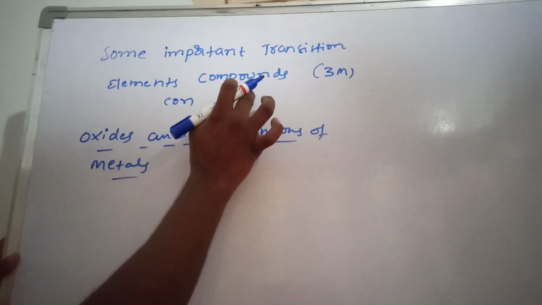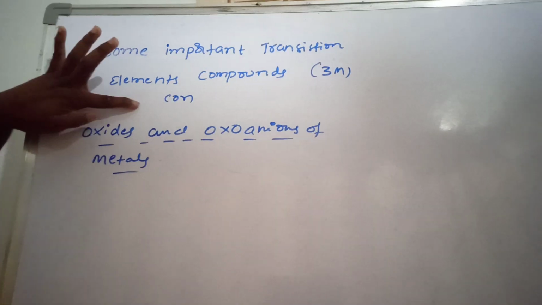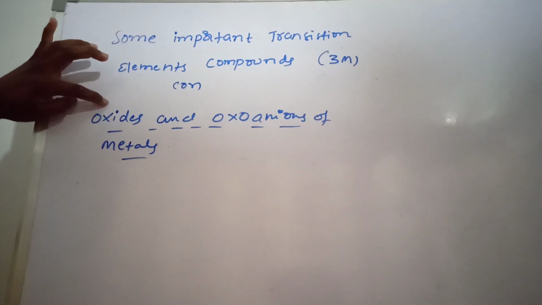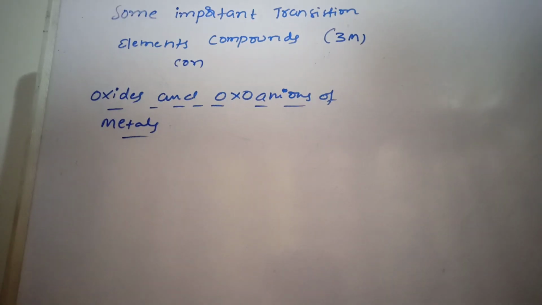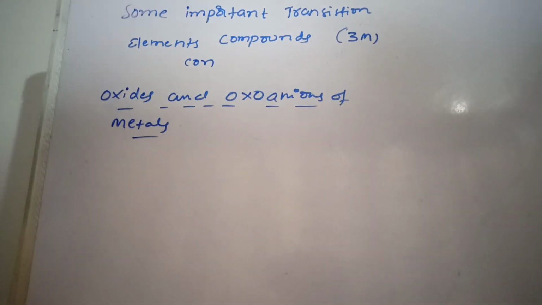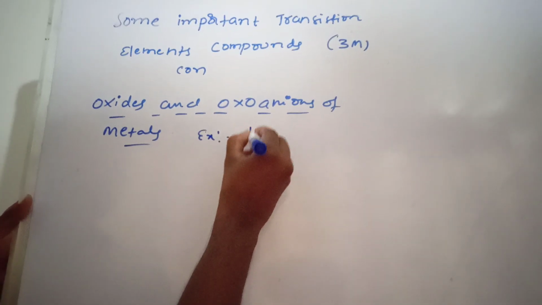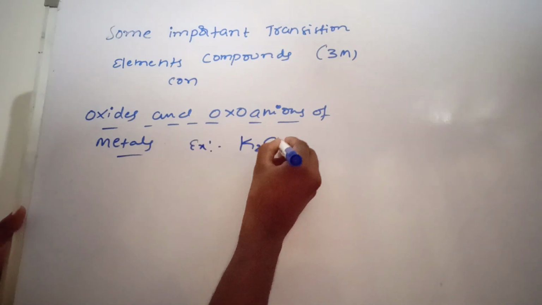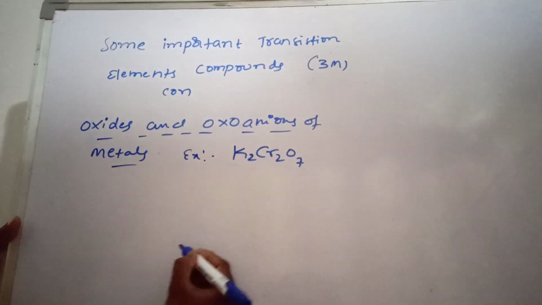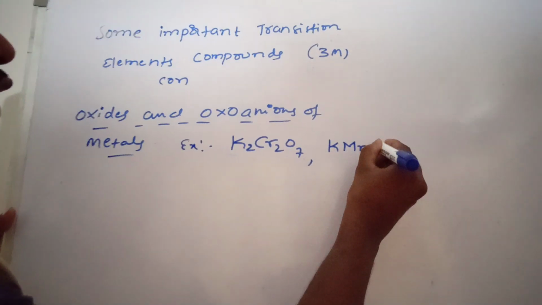Transition elements compounds means d-block elements compounds, or oxides and oxoanions of metals. Examples are K2Cr2O7 and KMnO4.